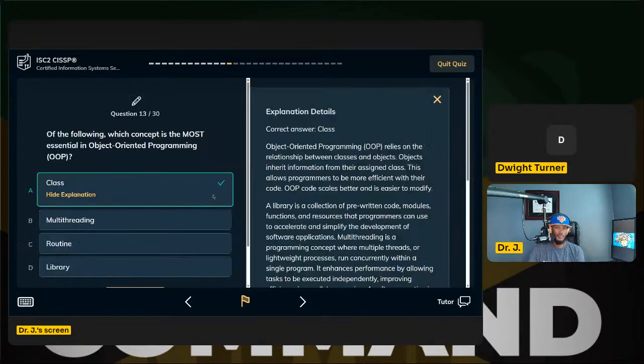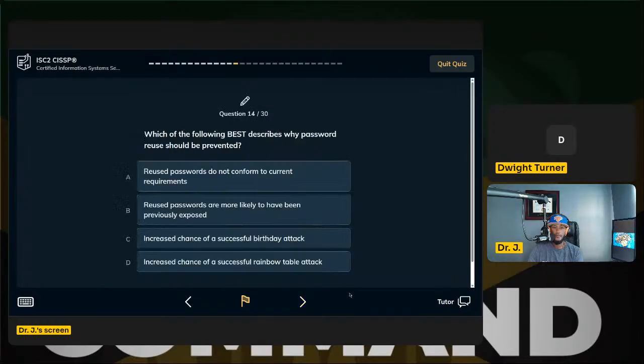Yeah. Object oriented programming relies on a relationship between classes and objects. Objects inherit information from their assigned class. This allows programmers to be more efficient with their code. OOP code scales better and it's easier to modify.